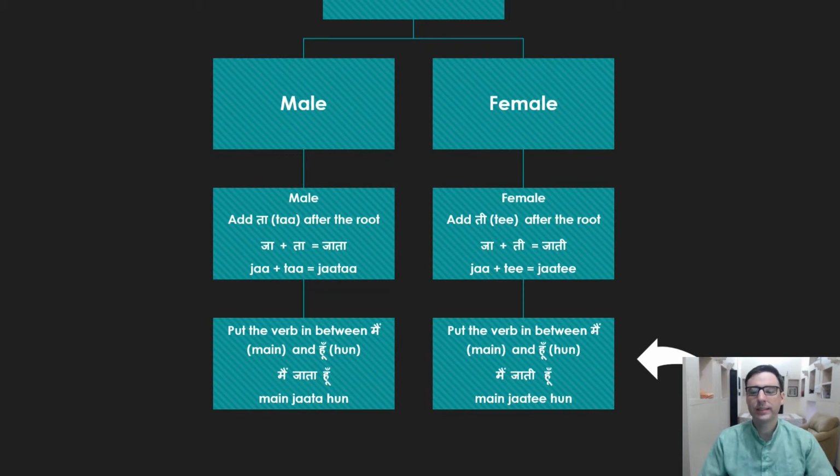So ja plus ti gives us jati. And again, we have to put the verb in between the pronoun and the helping verb, main hoon. So we add jati in between those, and that gives us main jati hoon, or I go, as a female. This is if we were speaking as a female.